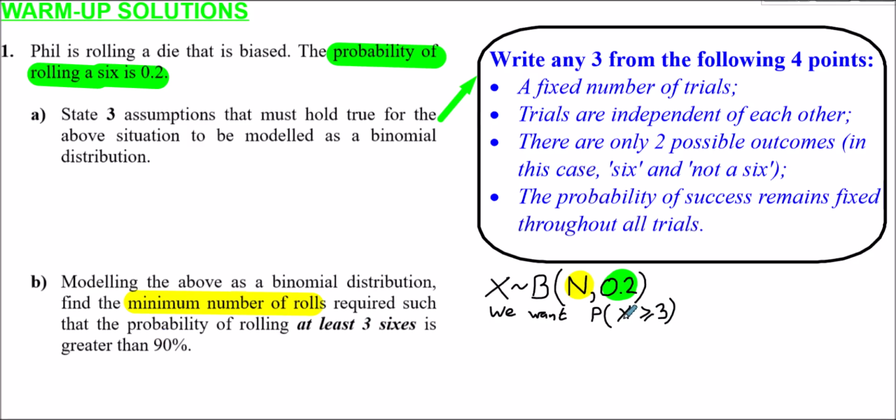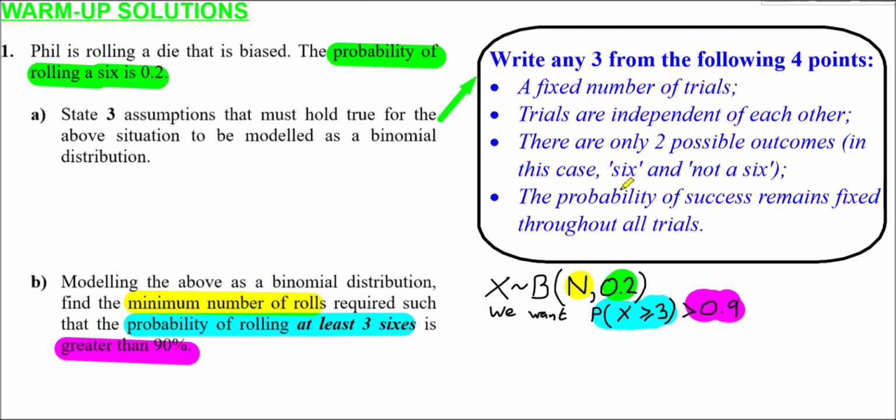So we want this probability here to be greater than 0.9. Okay, so that's how we write down the probability of rolling at least 3 6s. It's written like this. Greater than 90%, that's where this thing here comes in.